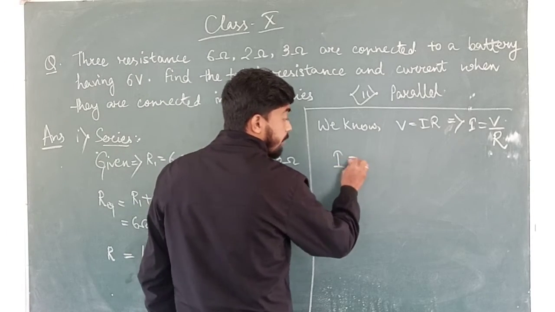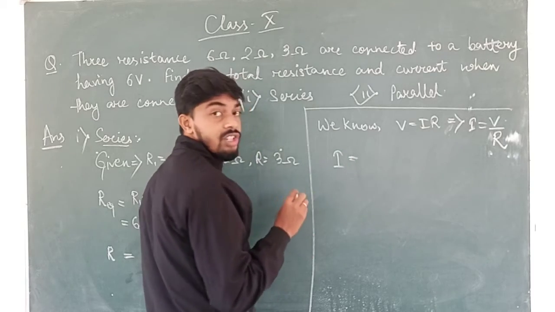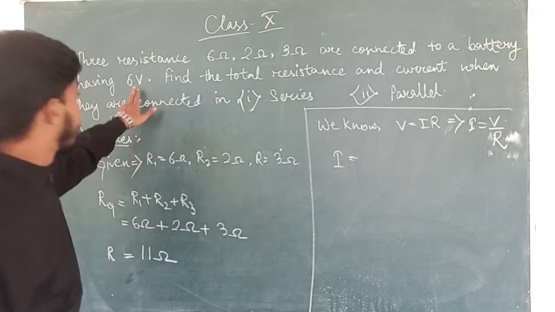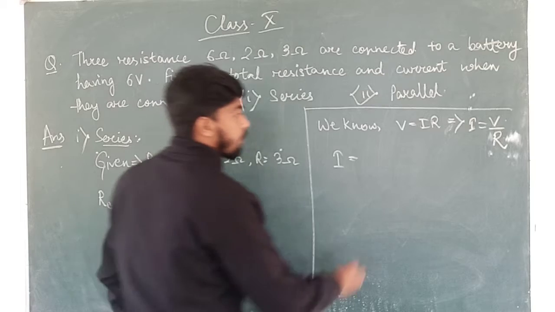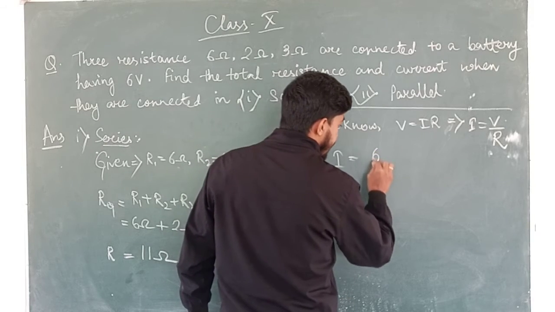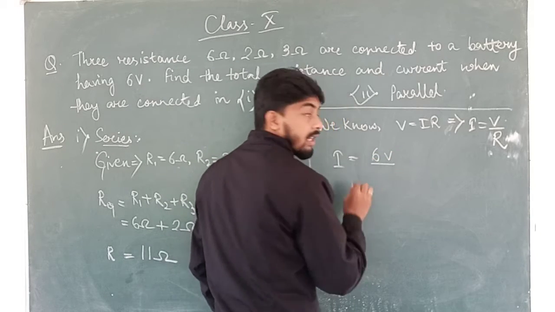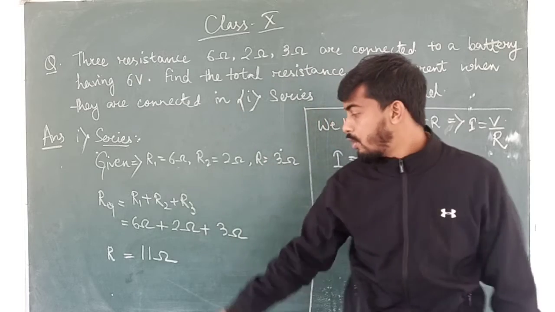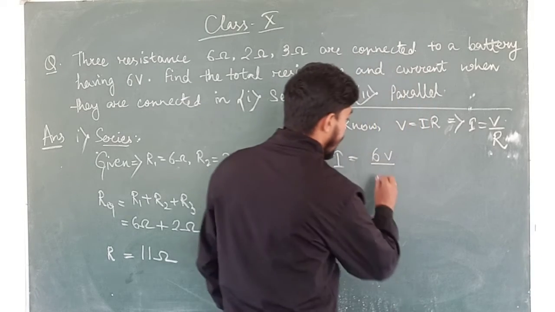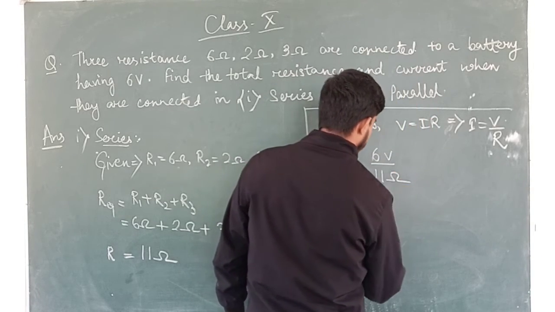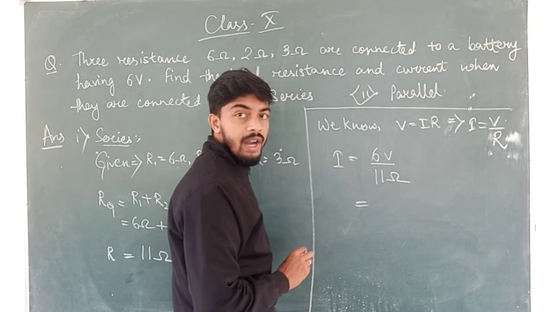So I, that means current, is equal to the voltage given. The voltage is 6 volt, which is provided in the question. So 6 volt by the total resistance we got, that is 11 ohm. This is 11 ohm, and we will divide.